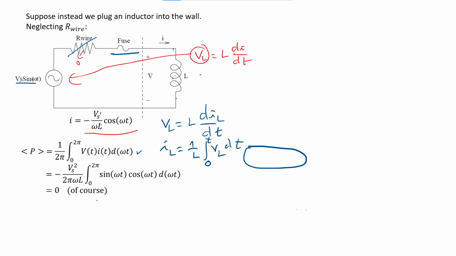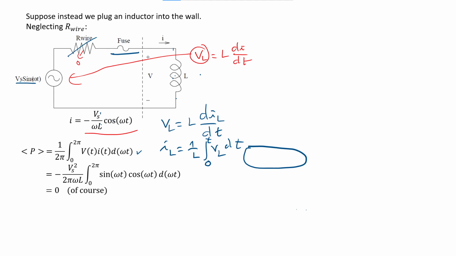So what does this imply? You have an AC source and you have an inductor. You measure the average power on the inductor, it is 0. What does this mean? It means the inductor does not dissipate any energy.